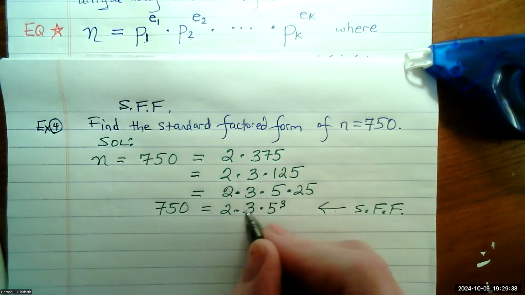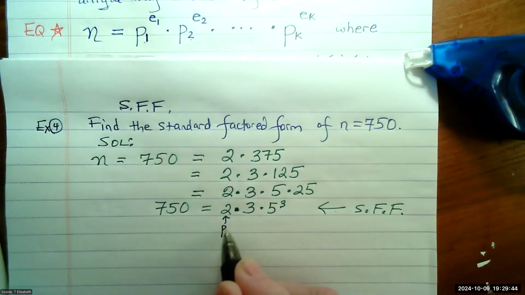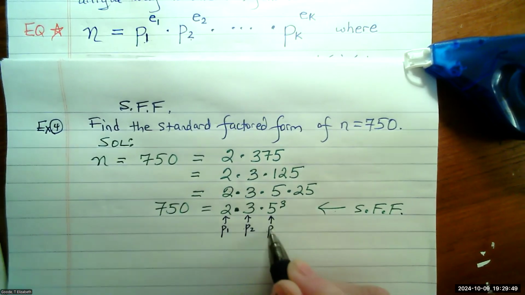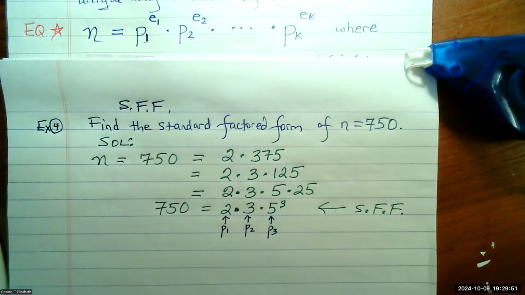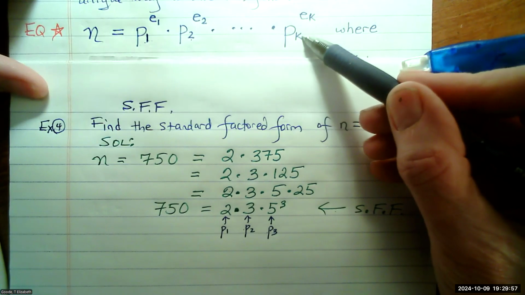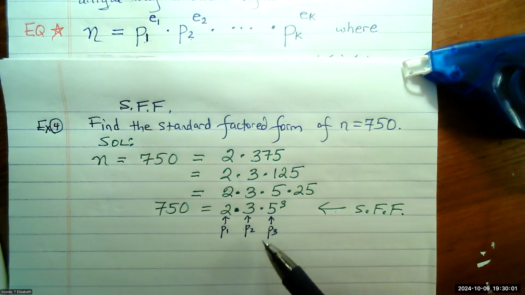We've got these primes written in order, right? This is prime 1, this is prime 2, 5 is prime number 3. There's 3 primes. K tells us how many different prime factors there are. We have 3 different prime factors.